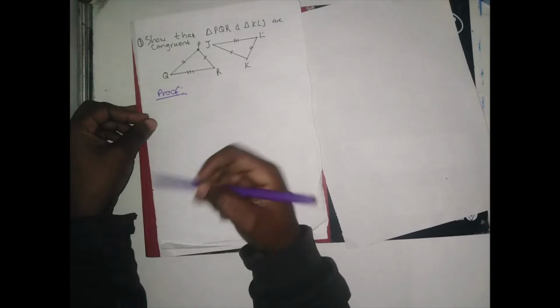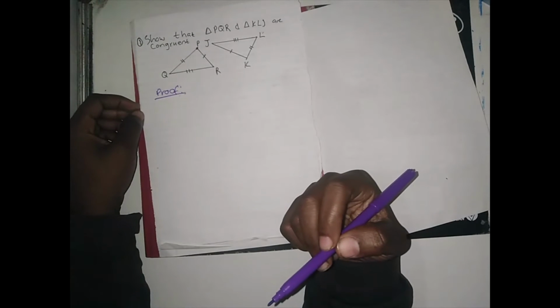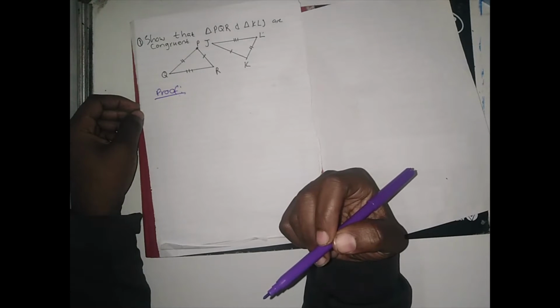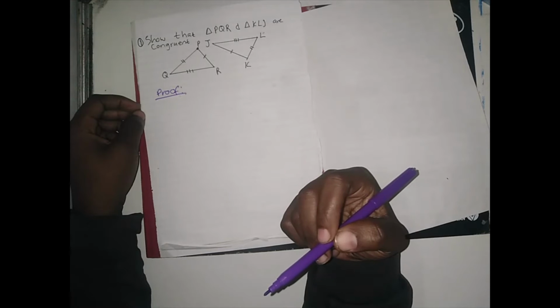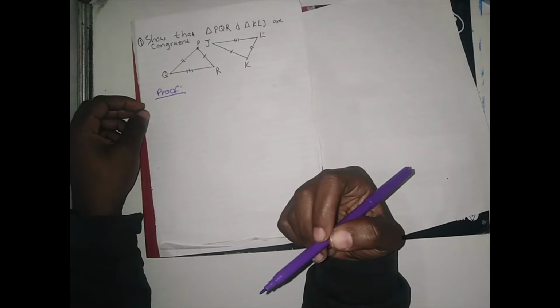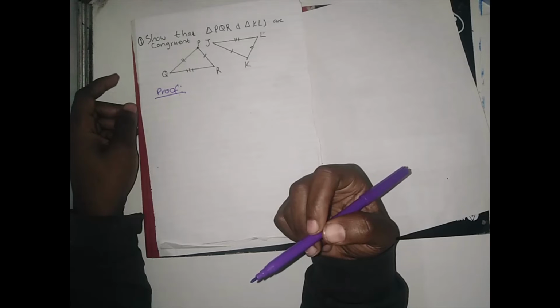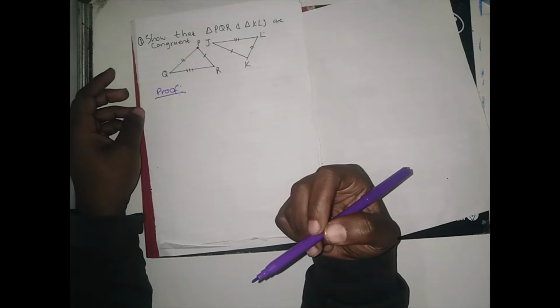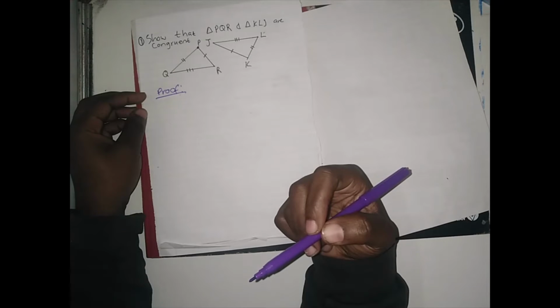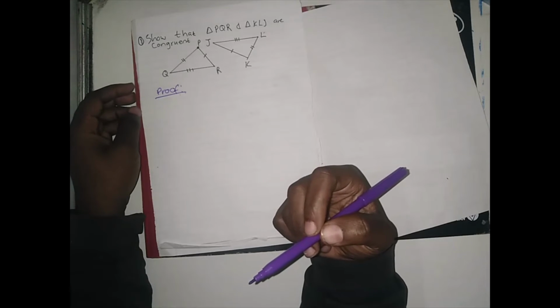Remember we said in order to show congruence, we must show 3 things that are equal to each other in both triangles. Let's look at this one and see if we can find any 3 things.